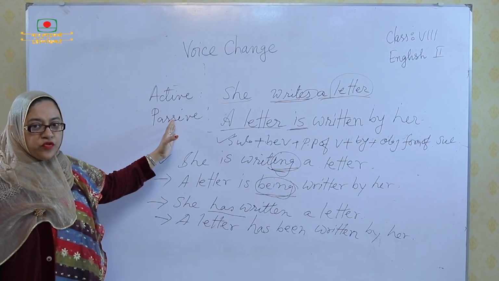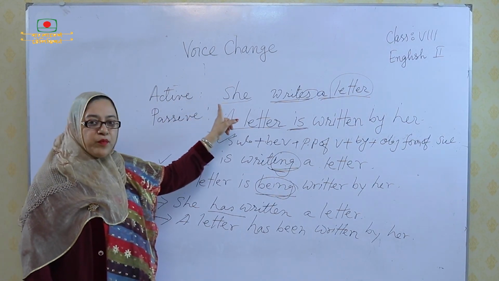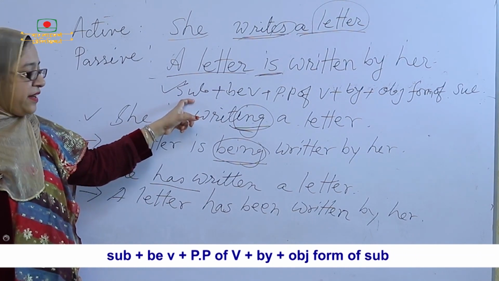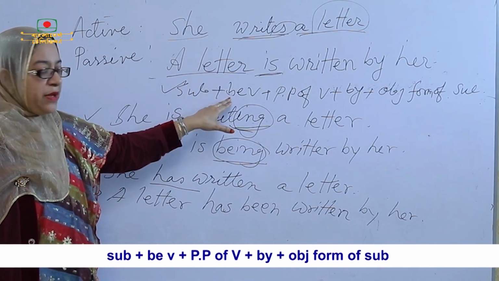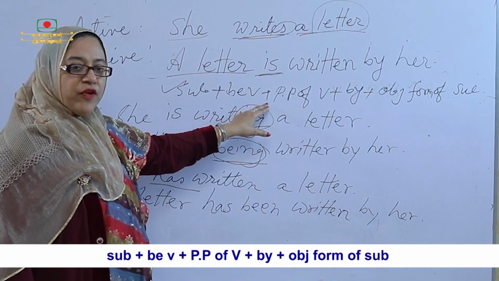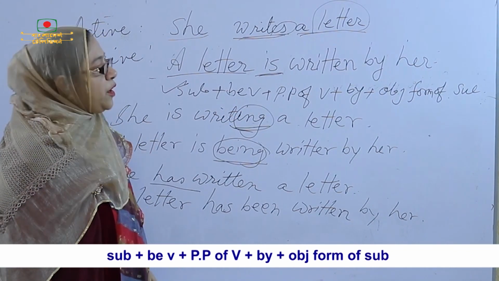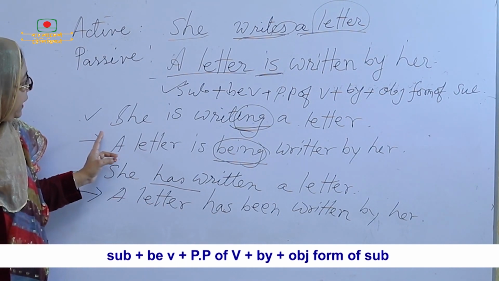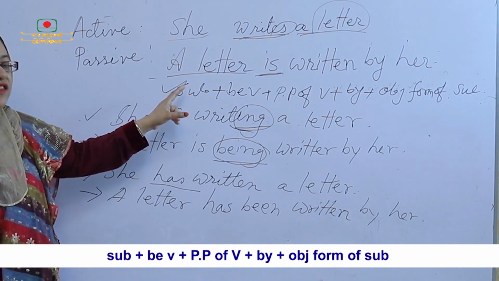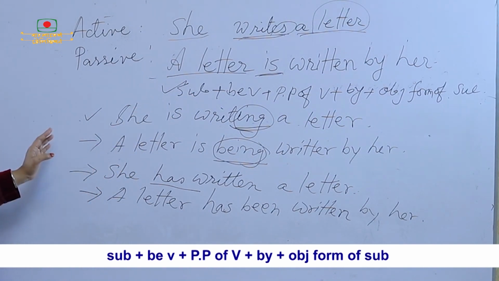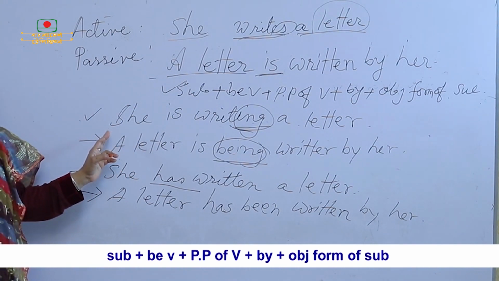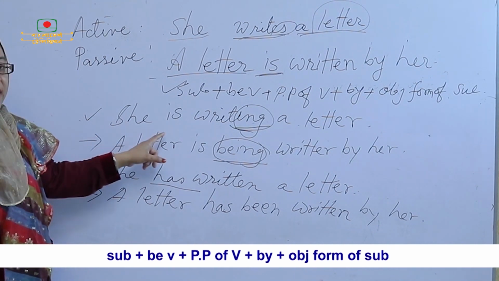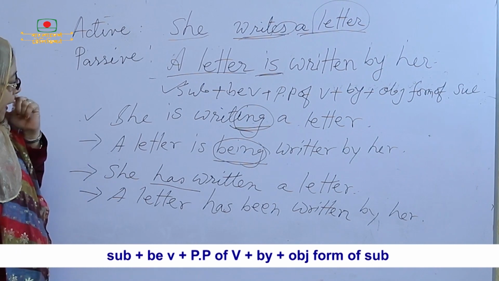So look at the board, students. This is the simple sentence. I turn it into passive by using this structure: subject plus be verb plus past participle form of the verb plus by plus the objective form of the subject. The answer will be: a letter is written by her. Then I use a continuous form of tense: she is writing a letter. This is a continuous form.